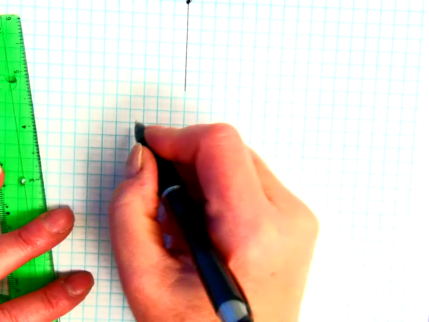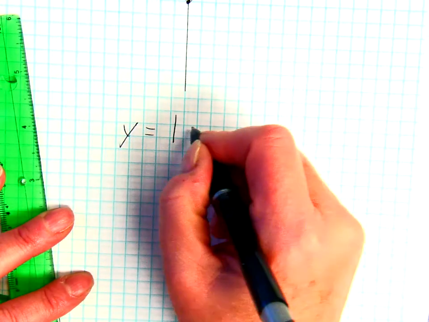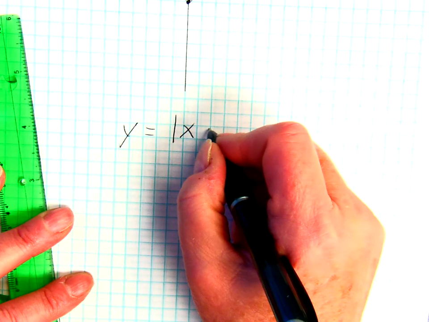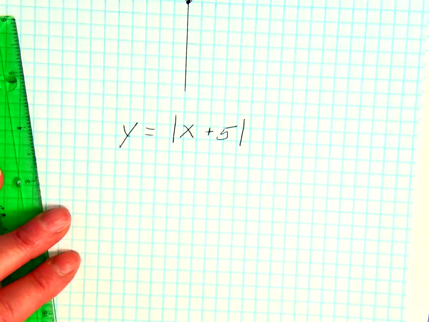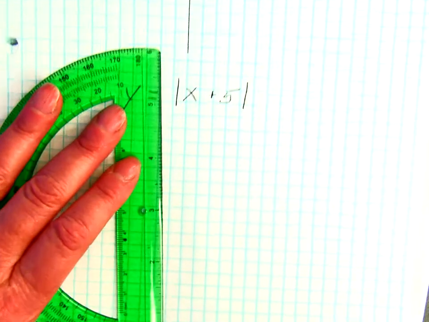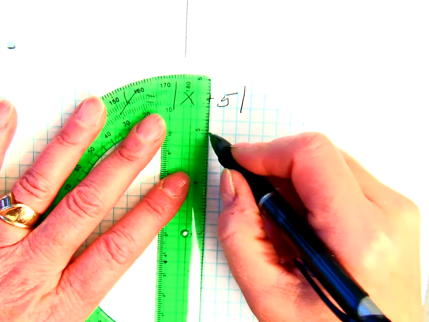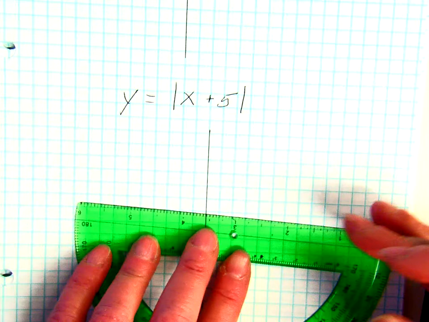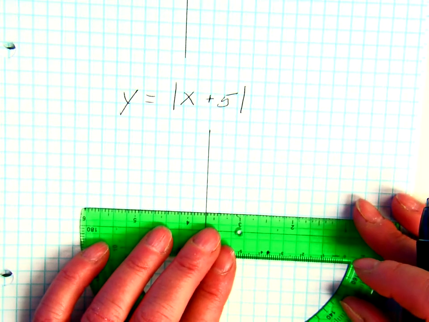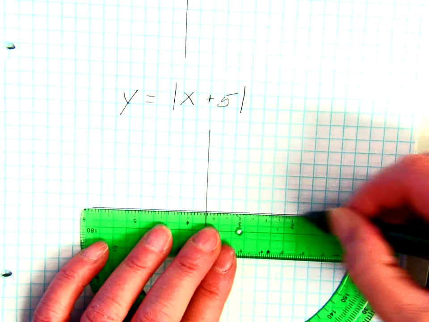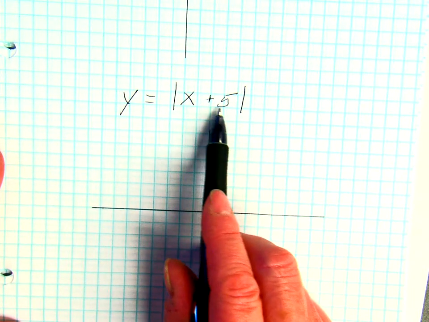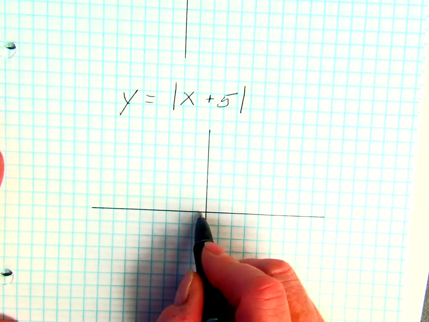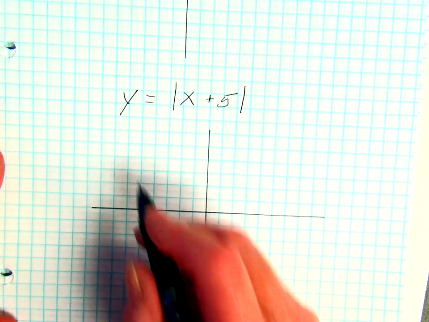Now, following that easy graph, we're going to do y is equal to the absolute value of x plus 5. Okay? Now, I'm going to once again build my coordinate plane. And I am going to know that since this is plus 5, I'm going to move my vertex over to the left 5. 1, 2, 3, 4, 5.